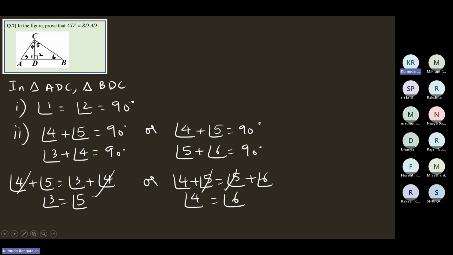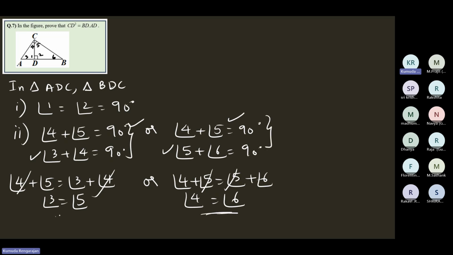So you have to write this one because angle 4 is of one triangle, 5 is of the other triangle. So this one is only used for comparing. So you must write that 4 plus 5 is 90. Then you can either write 3 plus 4 is 90 or write 5 plus 6 is 90. If you write this one, you can show that 4 is equal to 6.